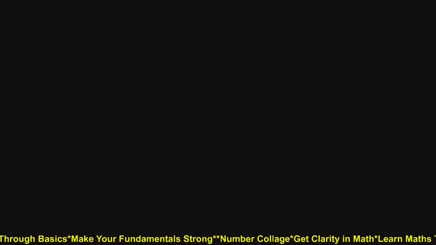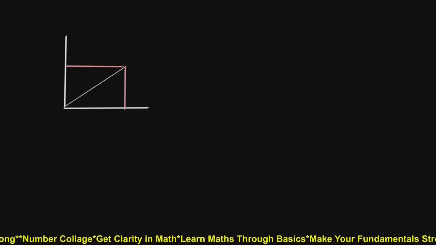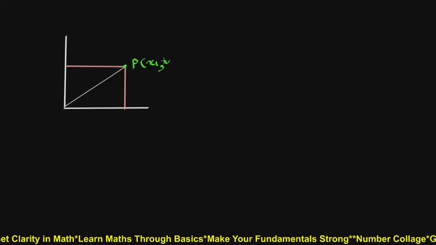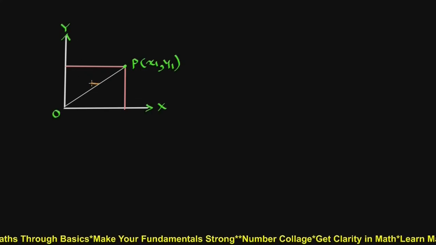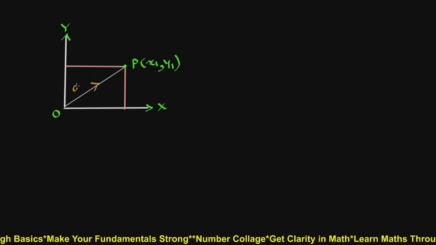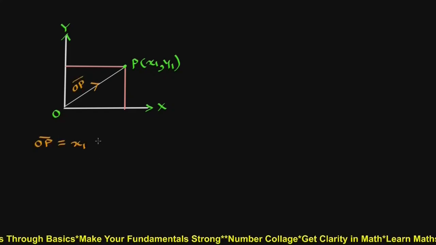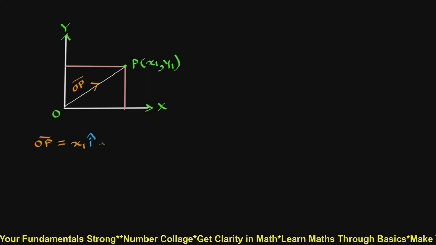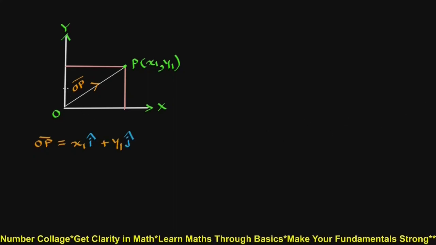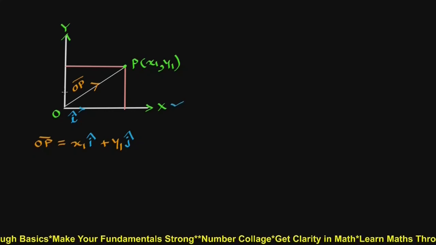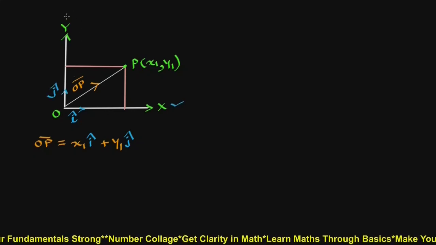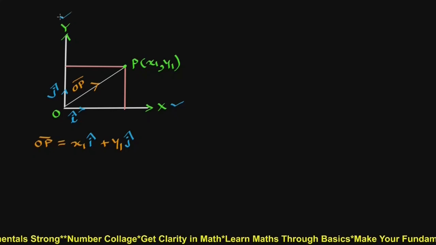In this video, we are going to study for a given point P(x1, y1) in the Cartesian plane x and y, how we can write vector OP bar as x1 i cap plus y1 j cap, where i cap is a unit vector along x-axis and j cap is a unit vector along y-axis.